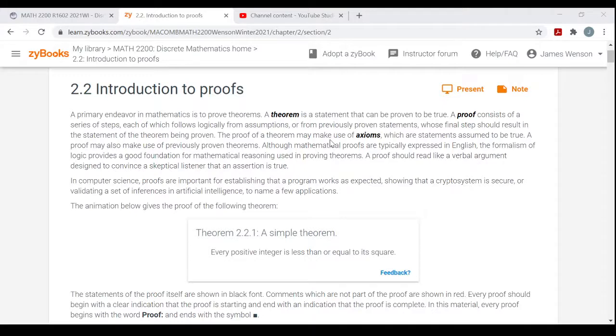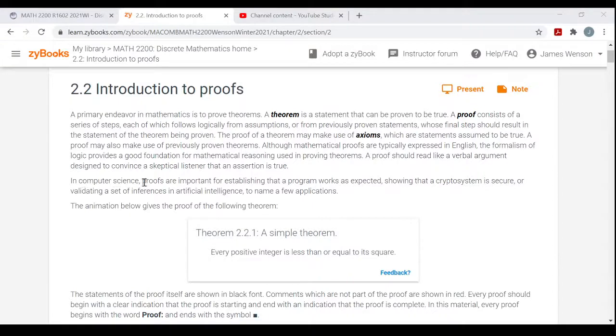Since you're doing a beginning of proofs here, an introduction, you should be assuming that someone who has no idea what's going on is reading your proofs. And then you have to go step by step, explaining to this person why a particular statement is true. Like they said, like a verbal argument. You're trying to convince someone that something is true or that something is false. You can also prove that something is false.